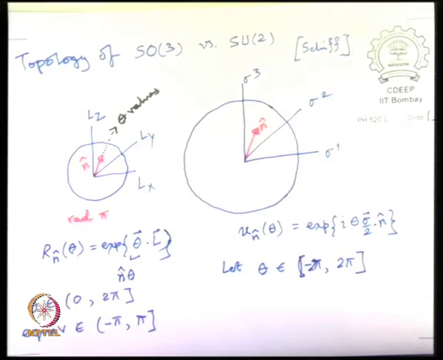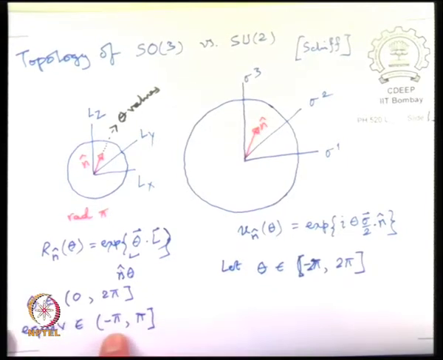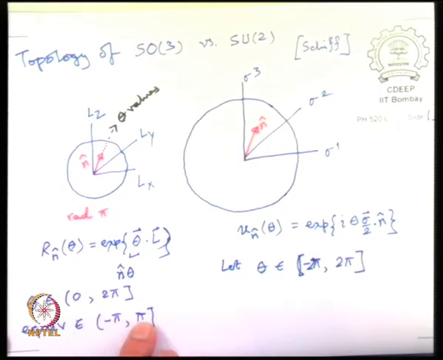Okay. The big difference is that in SO3 we have to exclude the minus pi, because it will reproduce the same thing as plus pi. I have rotated by pi around this way. If I rotated minus pi, I would have come to the same point. So, not to repeat, to topologically have a unique set of points, I have to leave out this.